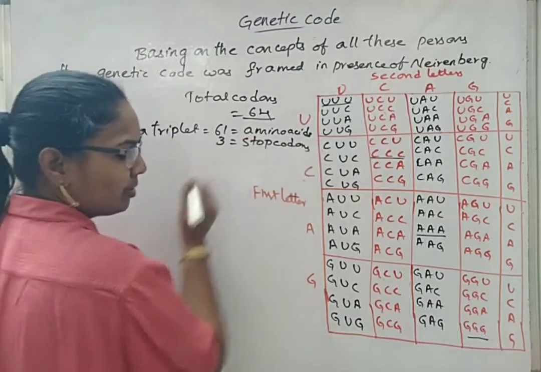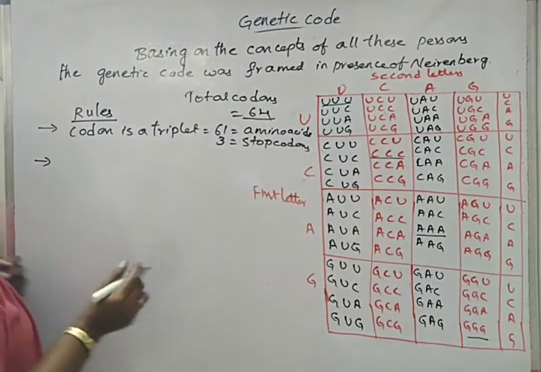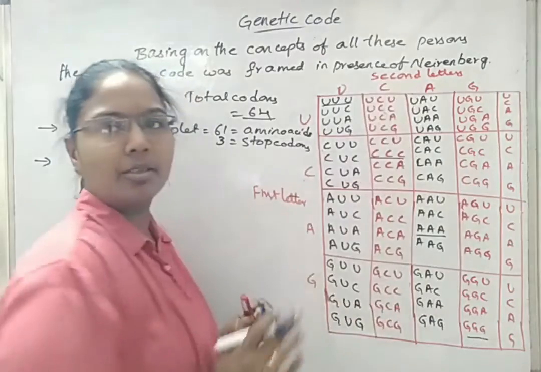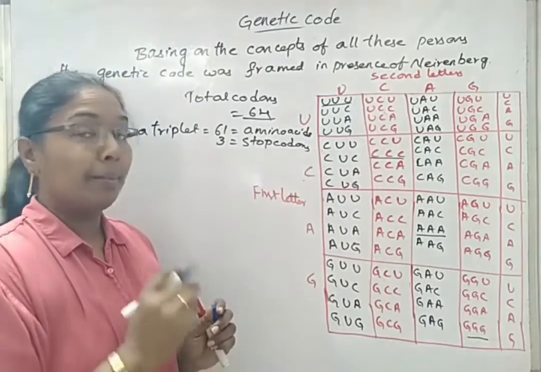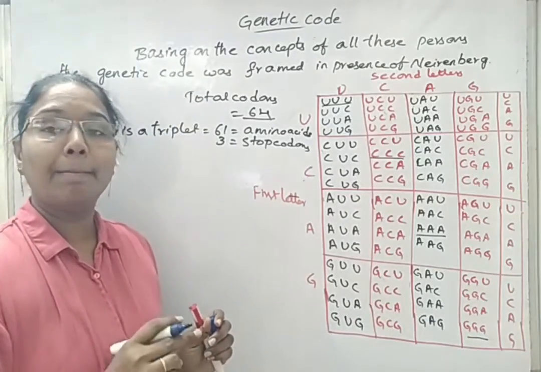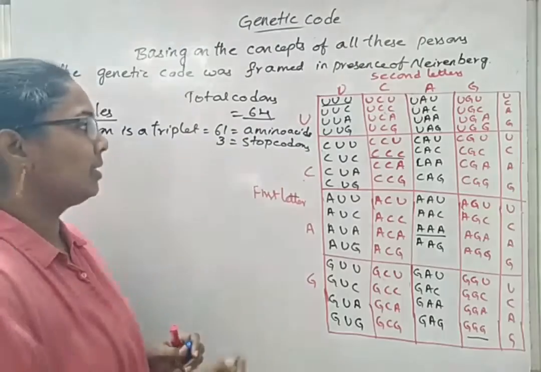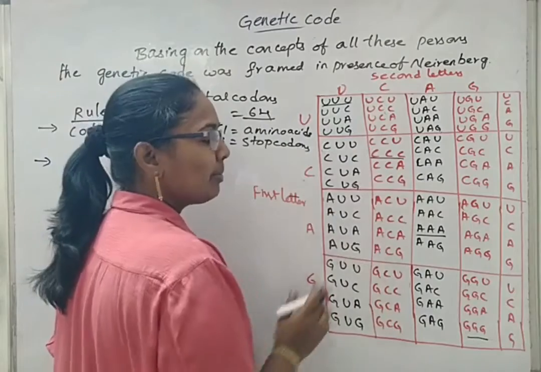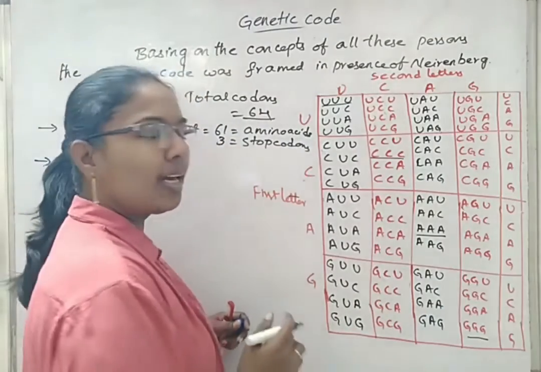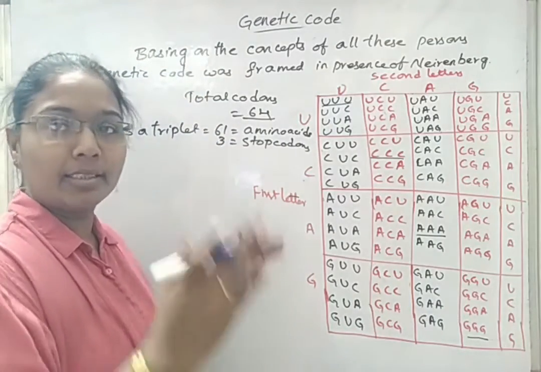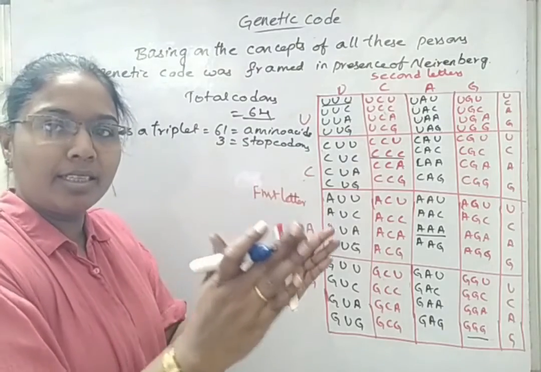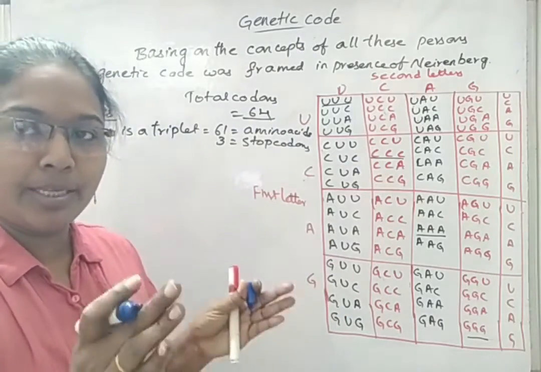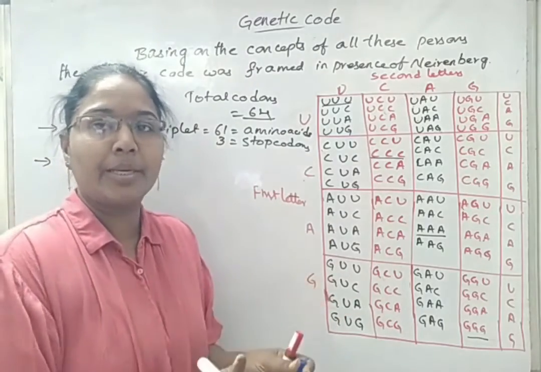This is one rule. Another one: there are many combinations of codons, many nitrogen bases, many triplet codons. 64 codons. Here, if we write out what type of amino acids they are giving, we are seeing only 20 types of amino acids. It means from a huge number, it is decreased to a smaller number of amino acids. It means the information has been compressed.